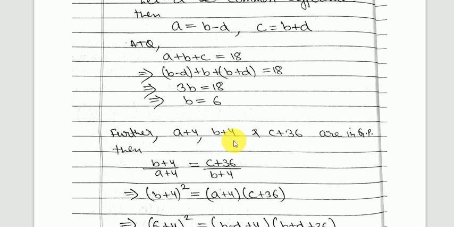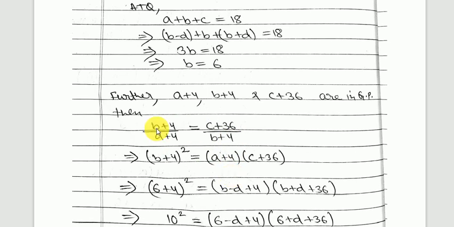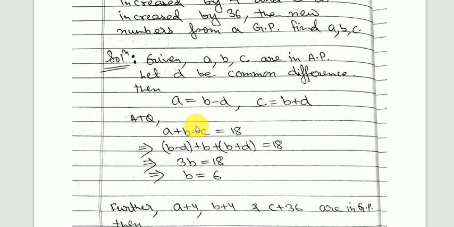In the same way, (c plus 36) upon (b plus 4) will be the common ratio. So (b plus 4) upon (a plus 4) is equal to (c plus 36) upon (b plus 4). You know the value of b, and you know a and c in terms of b and d.